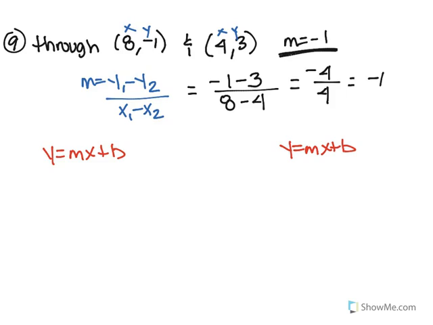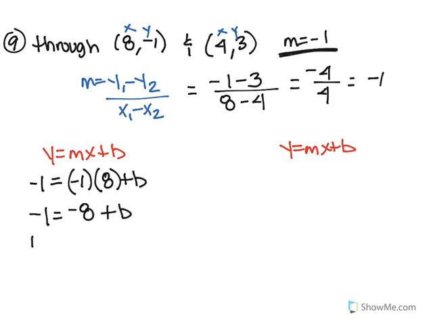If I was to use 8, -1, my y would be -1, my m is -1, and my x is 8. If I multiply, that makes a -8. And when I move it to be added to the other side, that's going to give me a positive what?